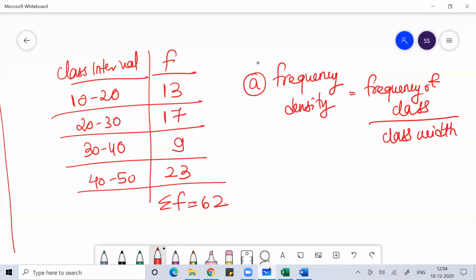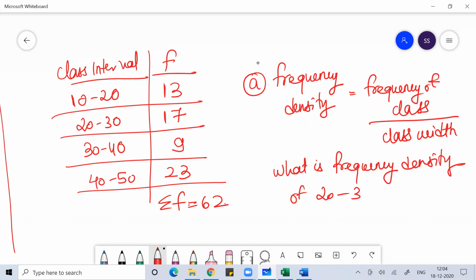If I ask you what is the frequency density of 20 to 30? What is the frequency of that class? The frequency of that class is 17. So that is 17 divided by the class width. What is the class width? 10.